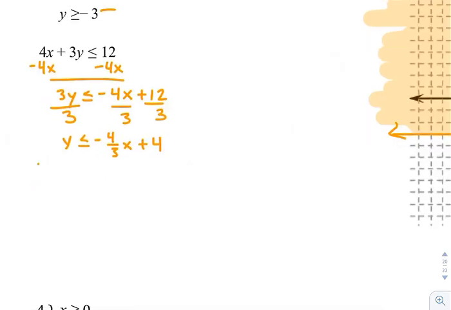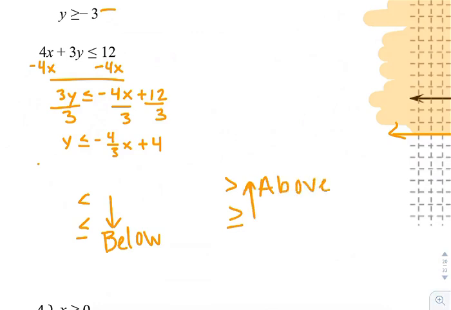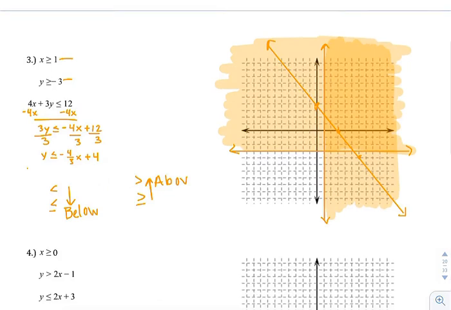This inequality is less than. Anytime you have less than or equal to, you always shade below your graph. If it's greater than or greater than or equal to, you shade above. Because really what happens when you're plugging in that 0, 0 point, you're always ending up really looking at that y-intercept because that's the value left. So for our example here, y is less than or equal to -4/3 x plus 4.